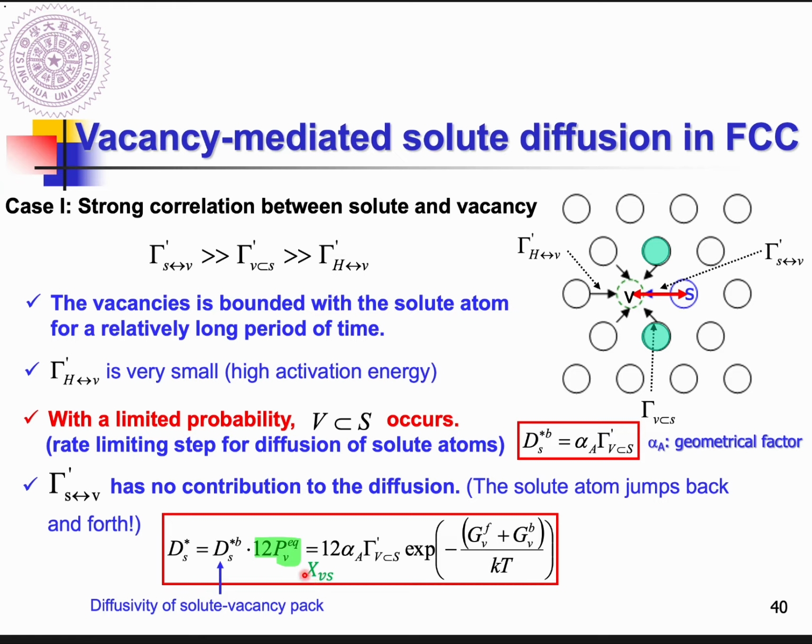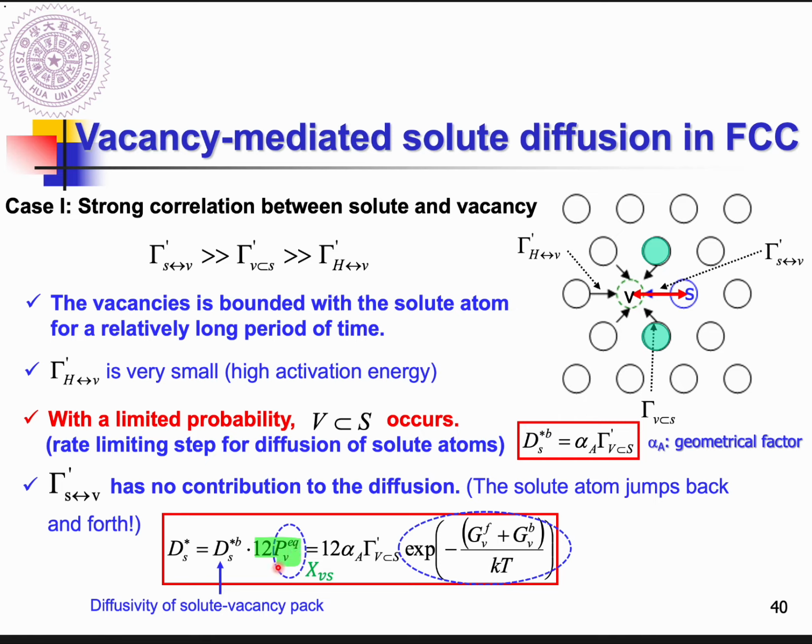So the probability of finding the vacancy solute pack equals PV equilibrium. And this is the probability of finding the vacancy solute pack. Some people will probably directly write it as the exponential of the vacancy formation energy plus the binding energy of the vacancy bound with the solute, as the PV equilibrium, right?